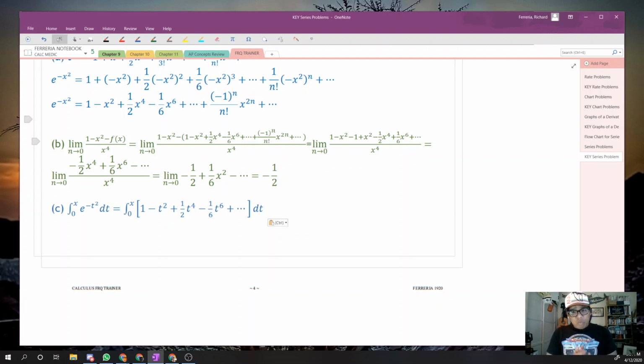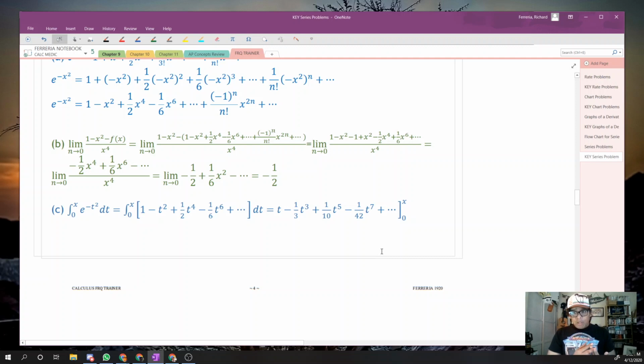So there is a little bit of wisdom here in knowing functions that you can integrate and functions that you cannot integrate. So we've just substituted the series into the integral, and it's always easier to integrate a polynomial than it is to integrate some kind of a transcendental function.